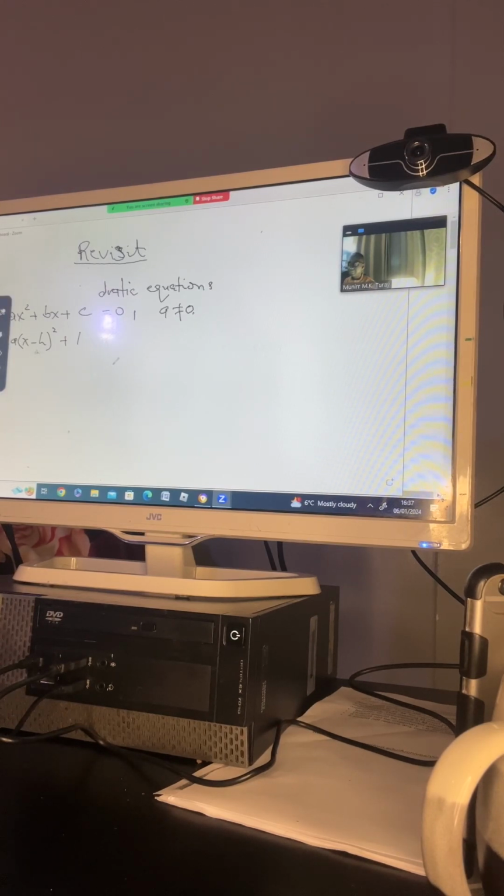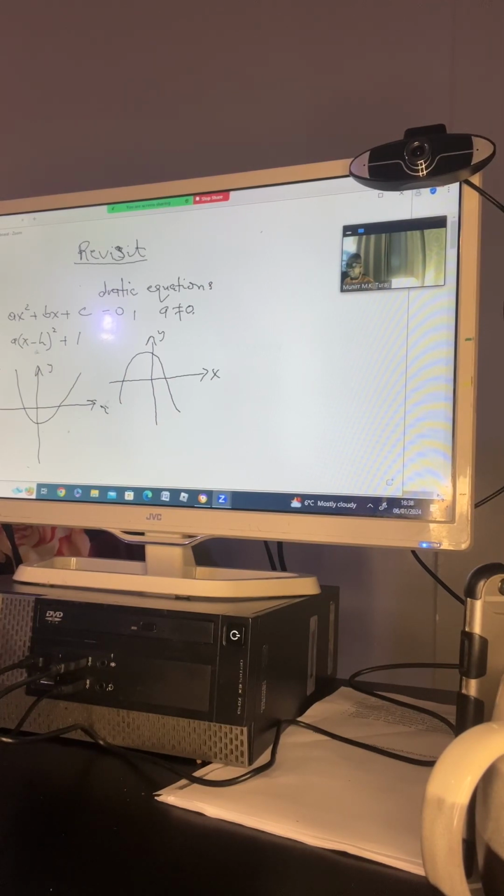Okay, you have a graph like this. When you are plotting a quadratic equation graph, this is your y-axis, and this is your x-axis. They usually go this way, or they go this way.